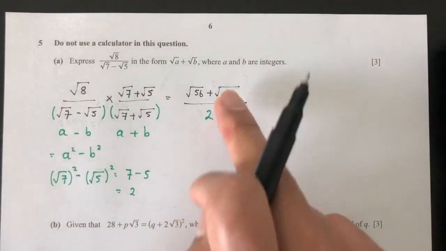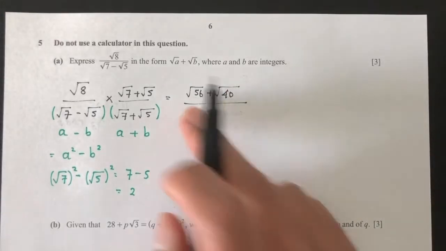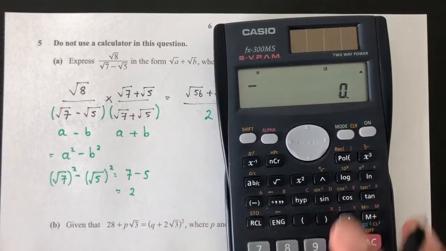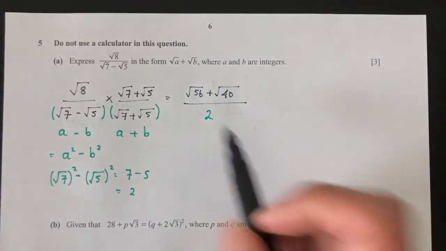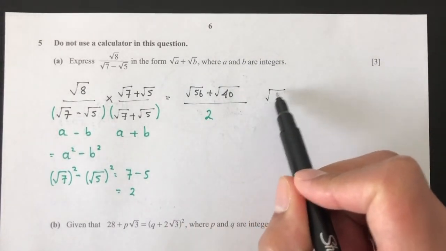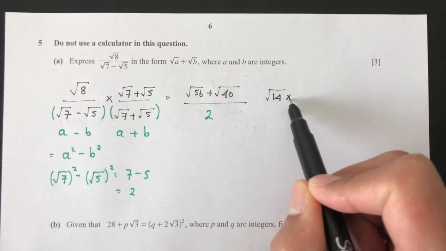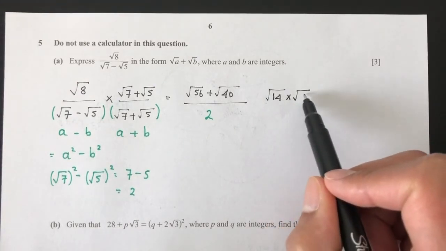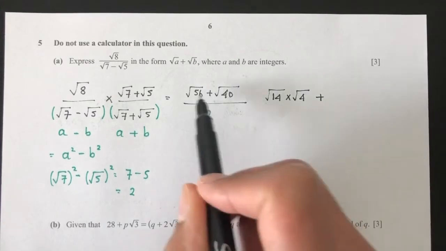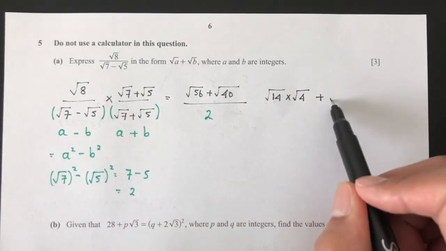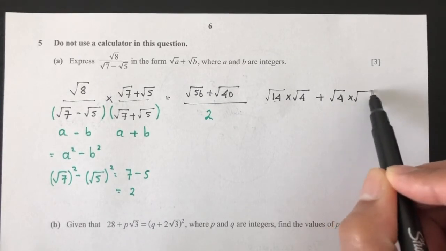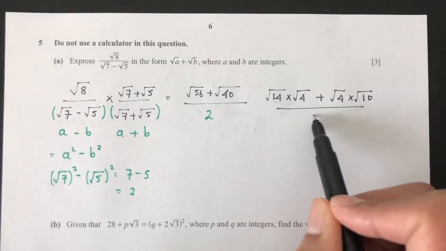Now let's see how can we simplify this even more. Let's try to divide 56 by 4. 56 divided by 4 should be 14. So this is broken down into 14 times 4, and this one should be 4 times root of 10, divided by 2.